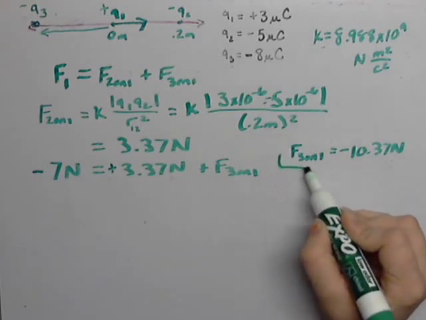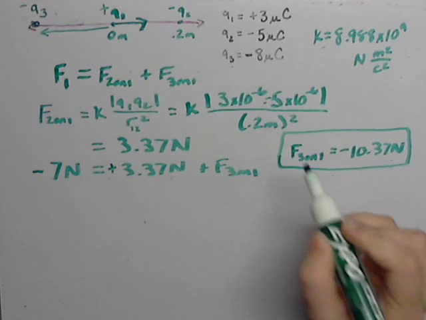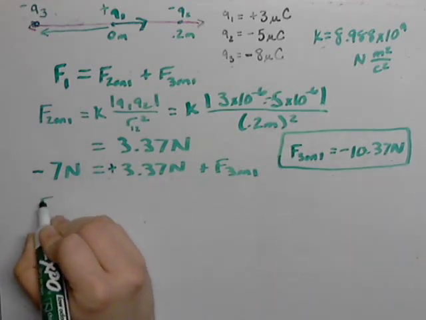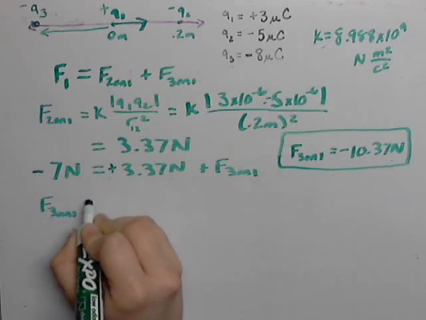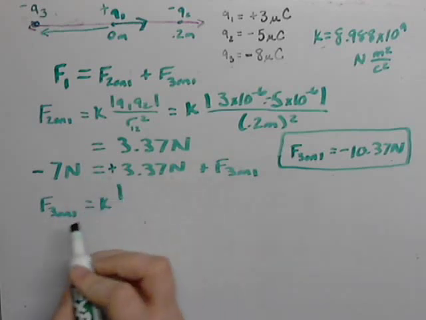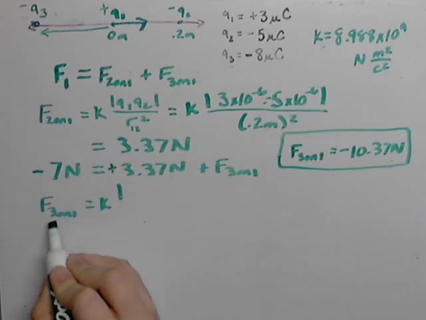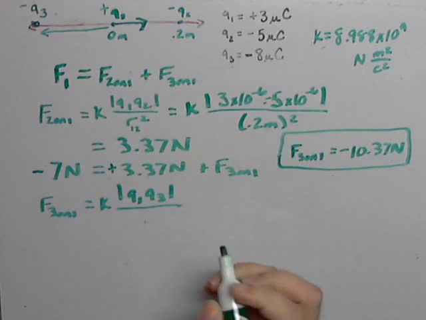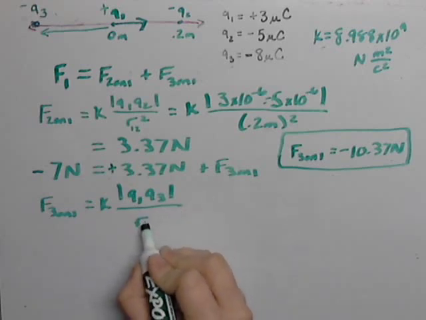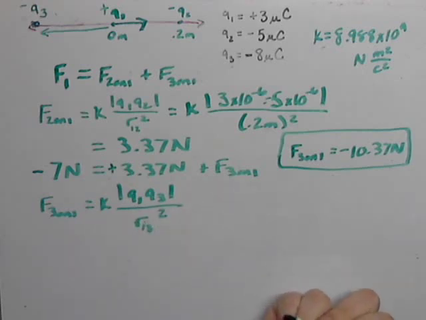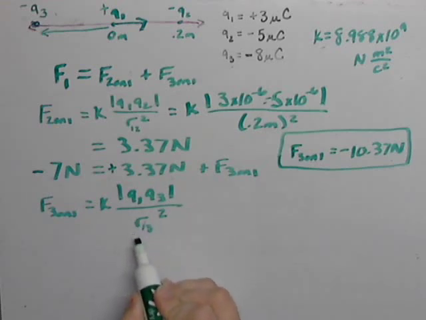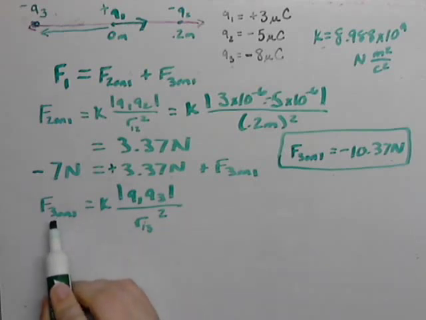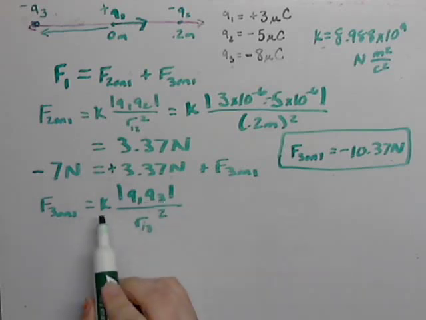And that's where this calculation is going to come in handy, because we can use Coulomb's law again and figure that out. So we know that the force of 3 on 1 is going to be equal to k. The two charges that are being involved are 3 and 1, so we're going to do Q1 and Q3, divided by the distance between 1 and 3 squared. The distance between 1 and 3 is what this question is asking for. We have the force of Q3 on 1, we have Q1, Q3, and we have this constant.